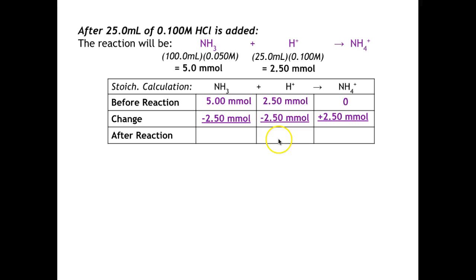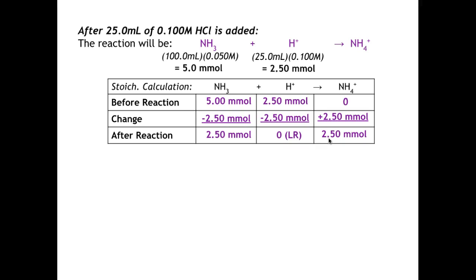We're going to have none of that left. We're going to subtract 2.5 millimoles from 5 to get 2.5 millimoles remaining of our weak base. We have none of the acid left over, and now we've made a bunch of conjugate acid. So in this case, we have conjugate acid, not conjugate base. So we have conjugate acid, which is ammonium ions.